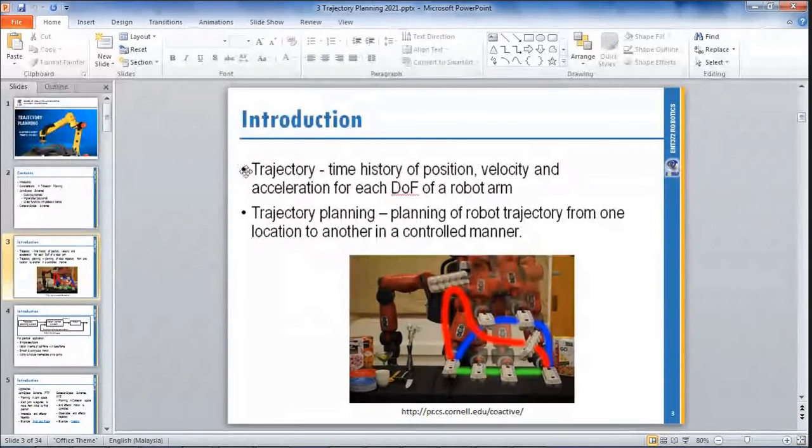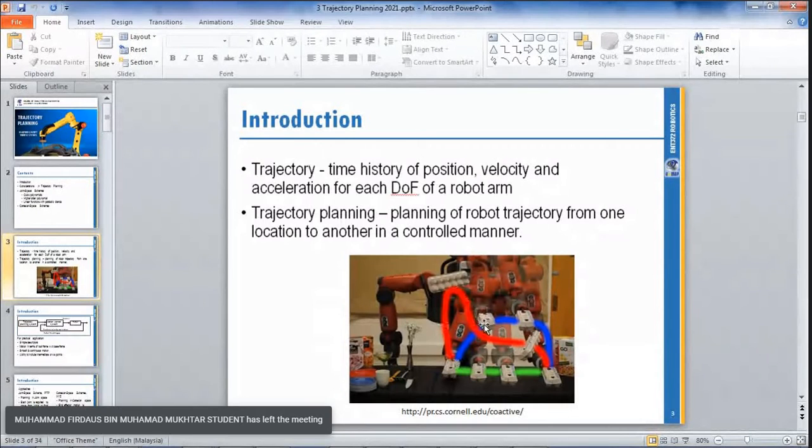So trajectory planning introduction. What is trajectory planning? It is the time history of position, velocity, and acceleration for each degree of freedom of a robot arm. If you want to manipulate your robotic arm, for example, in this example, this is a chicken egg industrial process.